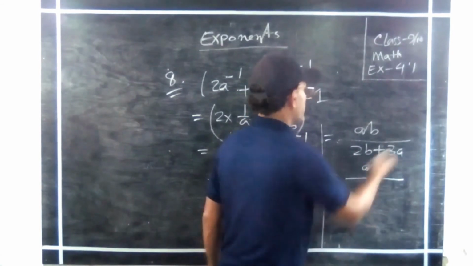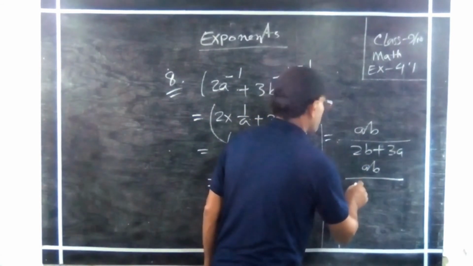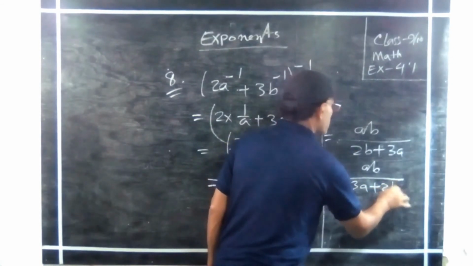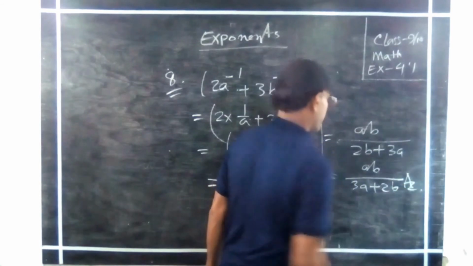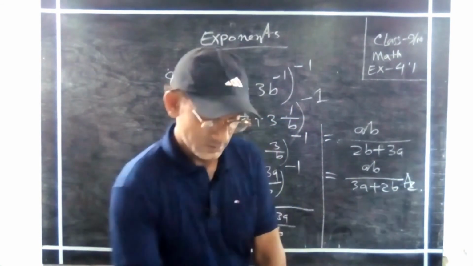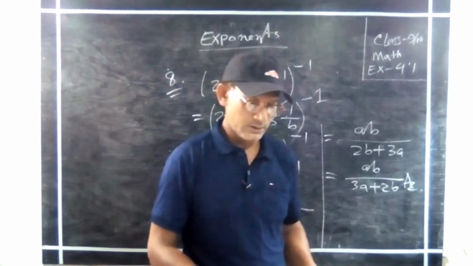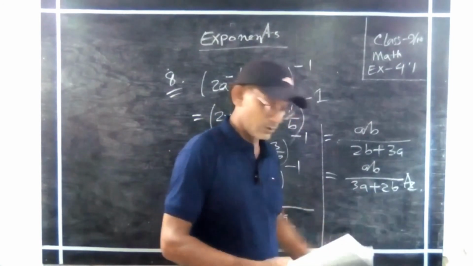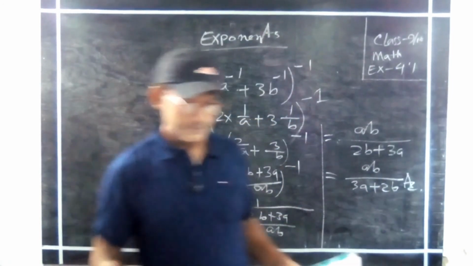We can write the second step in the first, so 3a plus 2b, that is our answer, right? Yes, that is our answer, ab divided by 3a plus 2b.